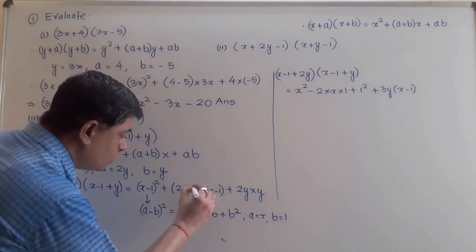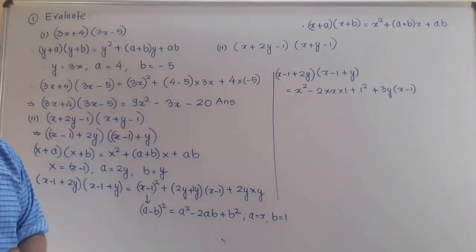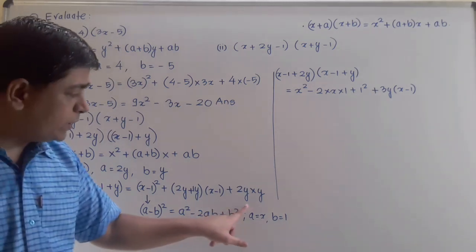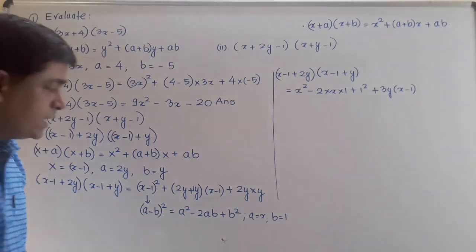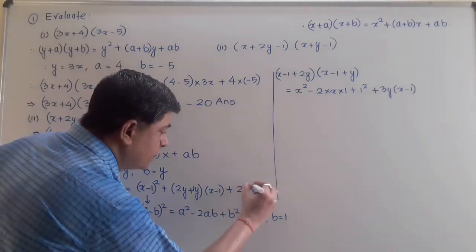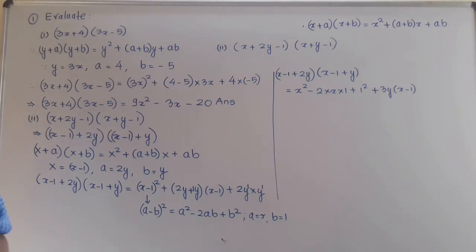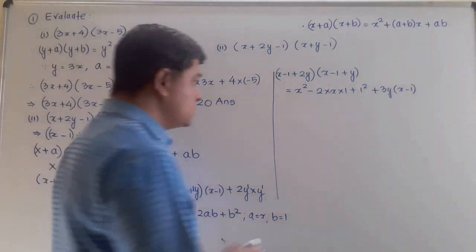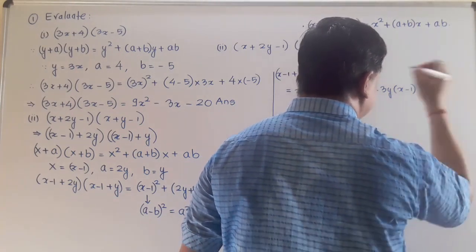The coefficient of y is 1, so 2 and 1 if you add will become 3. But when you are multiplying two variables, their powers will be added. What is the power of y here? 1, and here also the power of y is 1. So 1 plus 1 will become y square. So this will be plus 2y square.